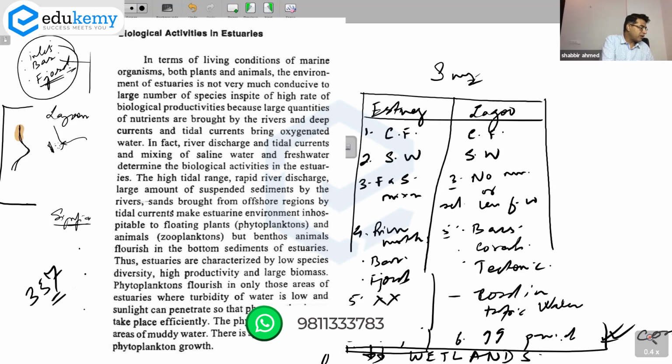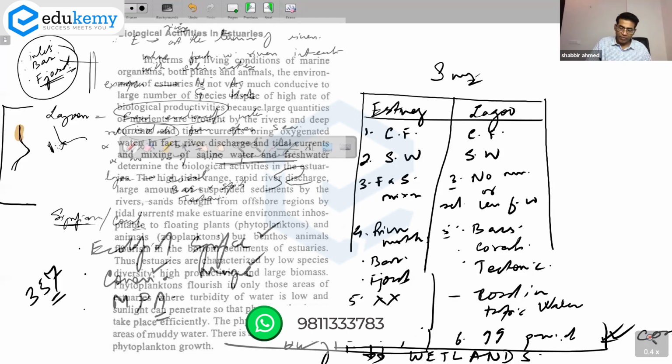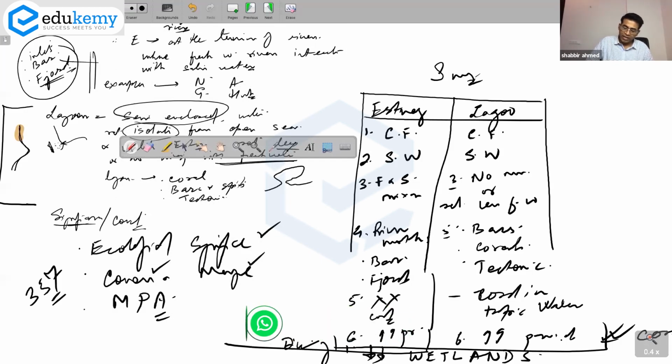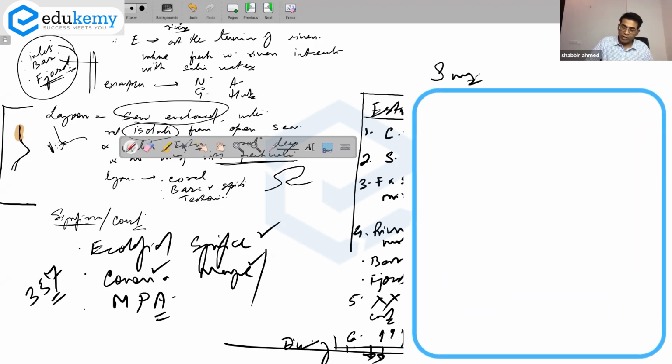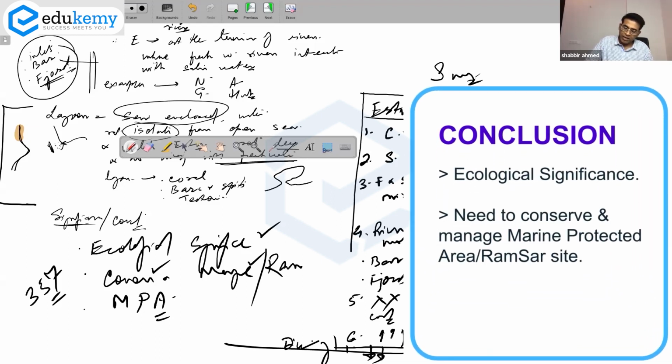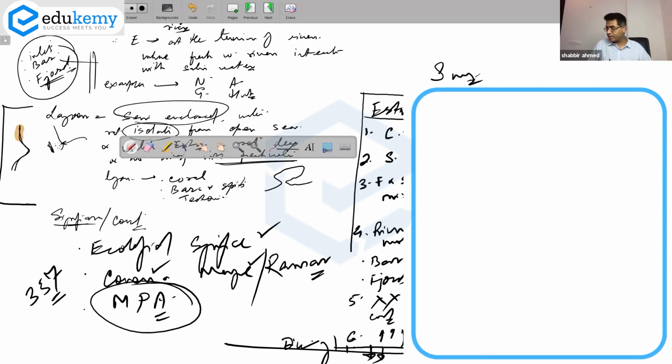Under biological activities of the estuaries, ecological significance, talk about conservation and management of the areas, wetlands. You could also mention Ramsar, for example, since many lagoons come under the Ramsar Convention because they're part of the wetlands. And you can talk about them again as part of the marine protected areas.